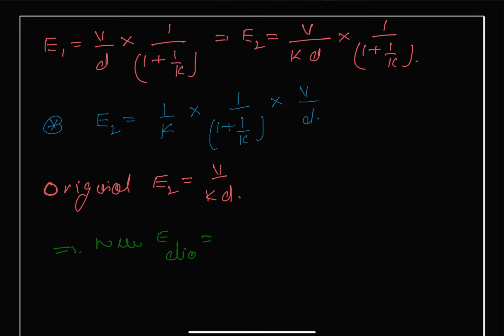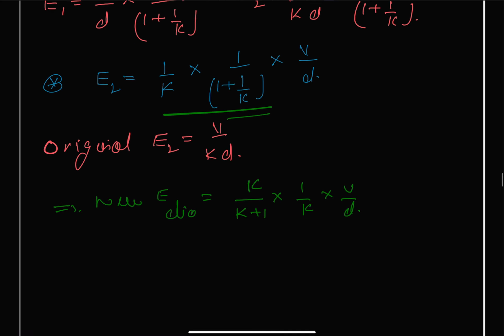We can just modify the equation and we get K upon K plus 1 multiplied by 1 upon K multiplied by V upon D. And here K and K cancel out. This gives us V upon K plus 1 times D.